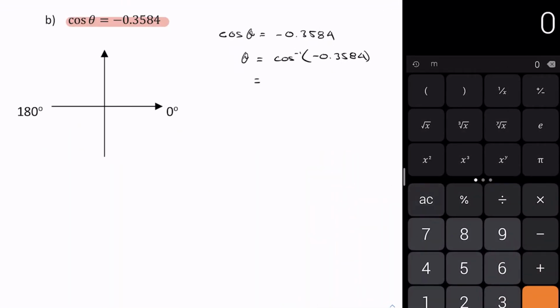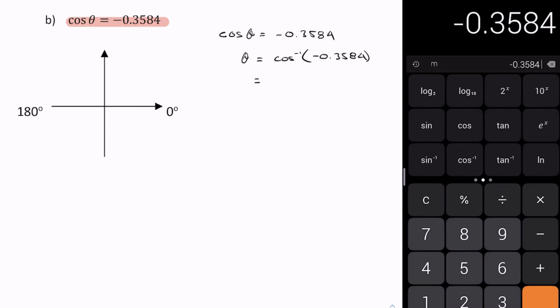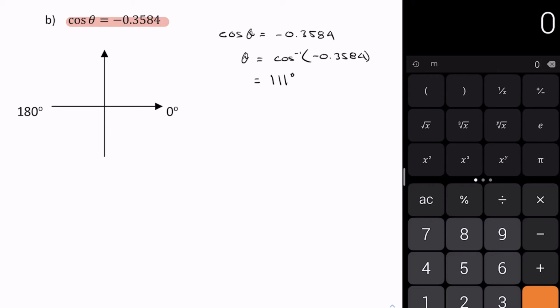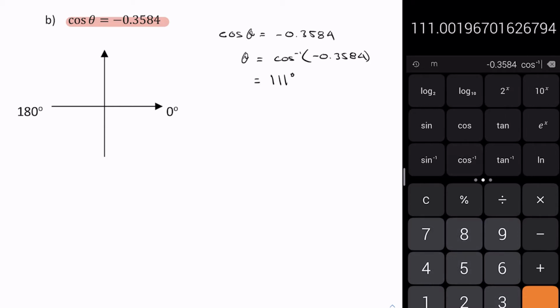Actually, let's keep the calculator on for now. So negative 0.3584, cos inverse, gives 111. Let me double check that I had a negative there. Negative 0.3584 cos inverse, that's right.